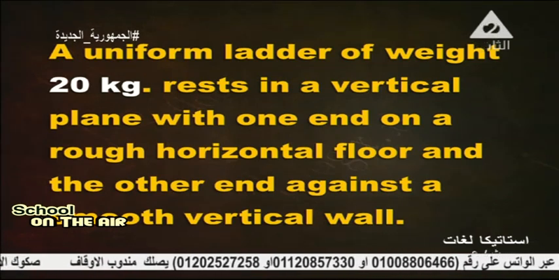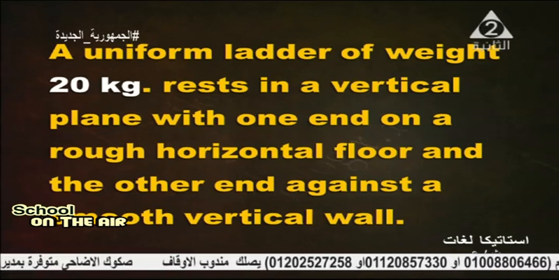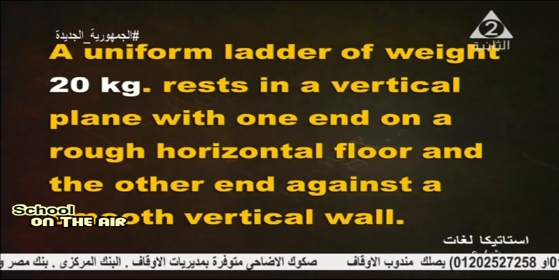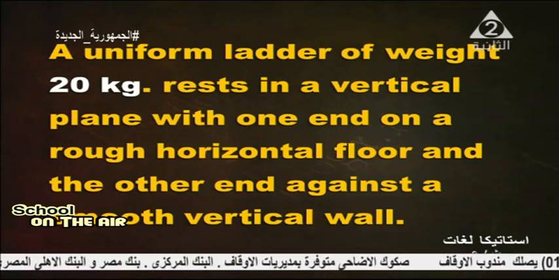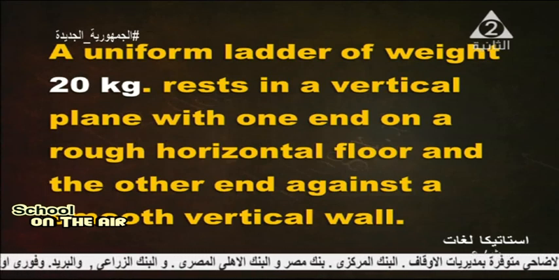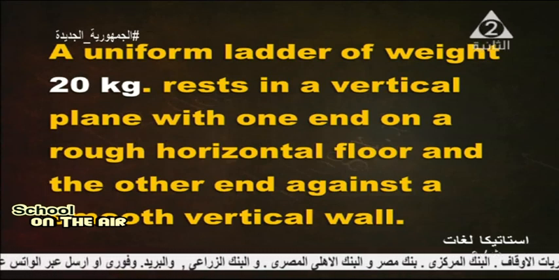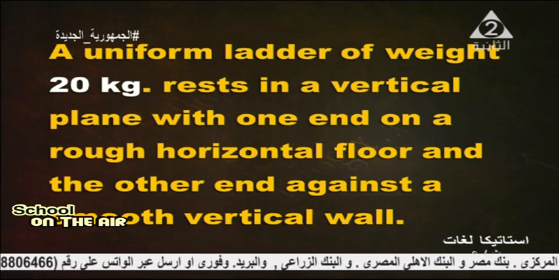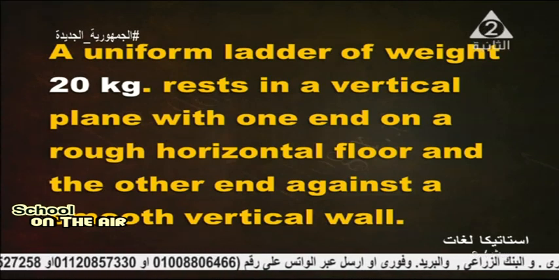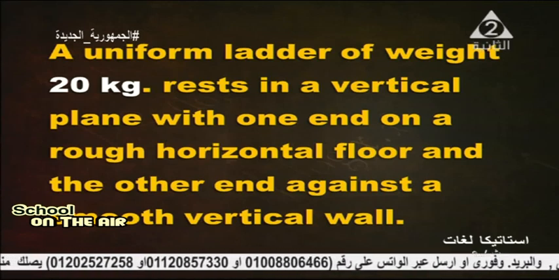In this example, we have a uniform ladder of weight 20 kilogram resting in a vertical plane. Uniform ladder means its weight 20 kilogram acts at the midpoint. One end is on the rough horizontal floor and the other against a smooth vertical wall.